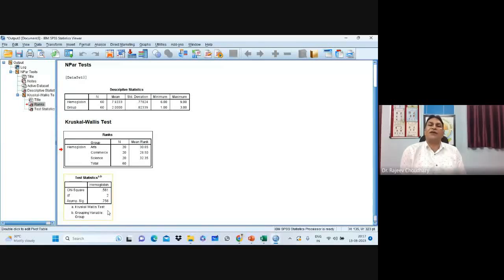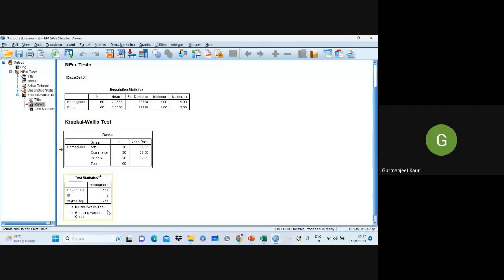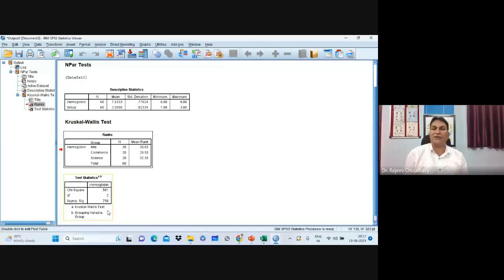If a significant difference exists, we have to extend the study and compare paired means by applying post hoc tests: LSD for equal sample size, and Scheffe's test for unequal sample size. The same is applicable here.